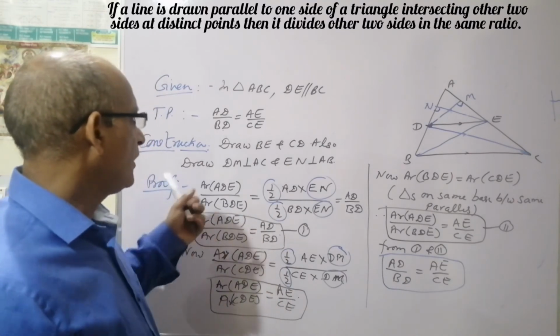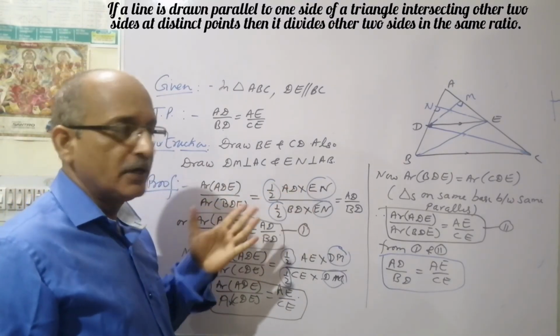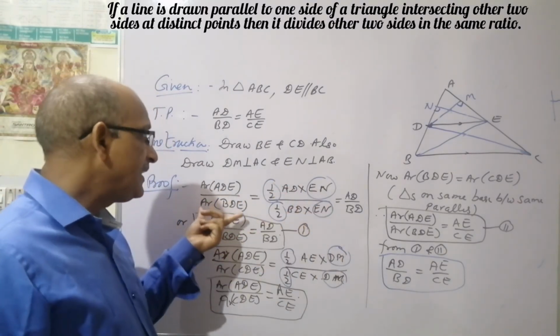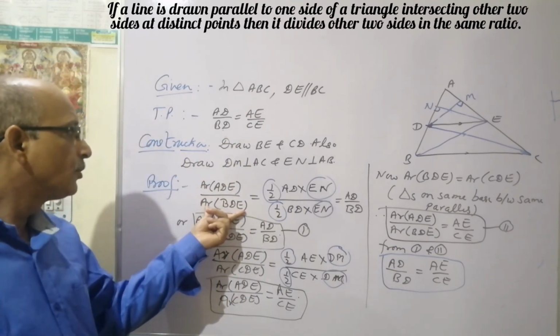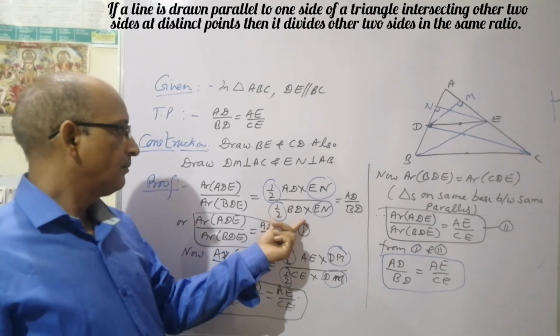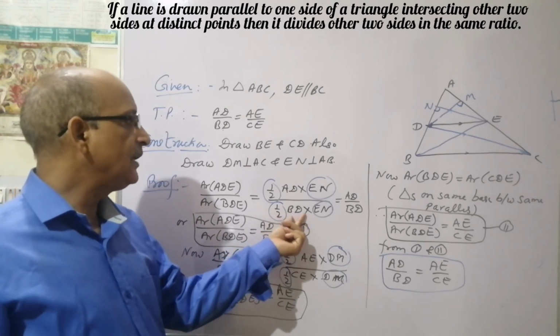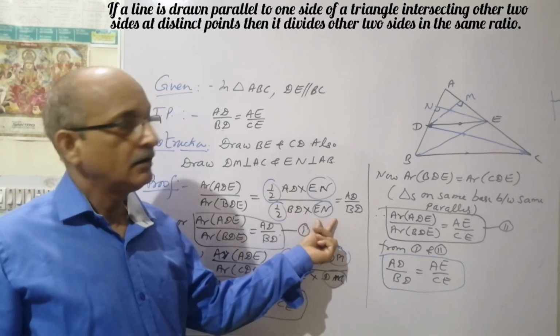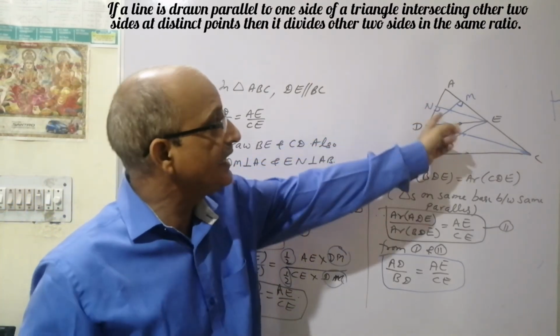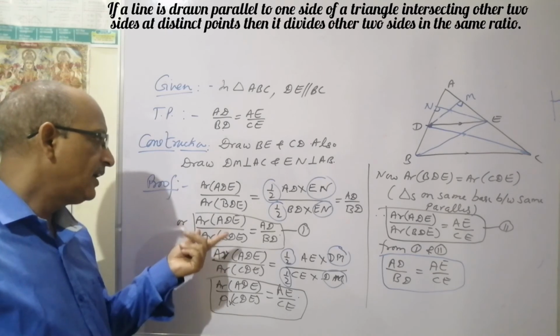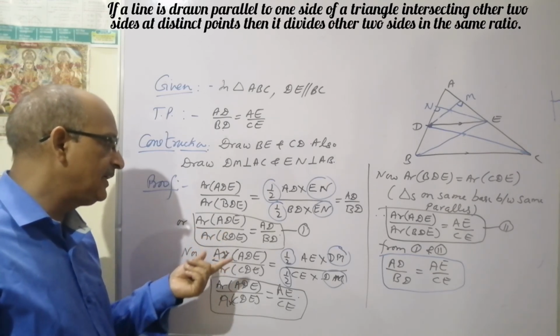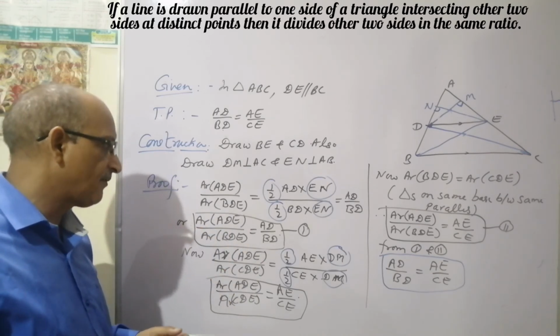So area ADE is half AD into EN. For BDE, again BD is required, so that's why we have taken BDE. BDE is half BD into the corresponding height, that is again EN. So we have got area ADE upon area BDE equal to AD upon BD, equation number 1.